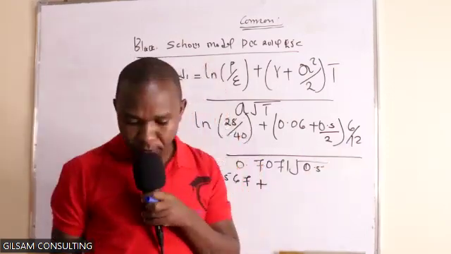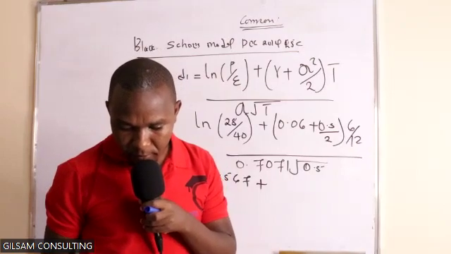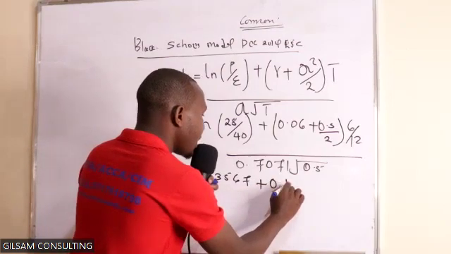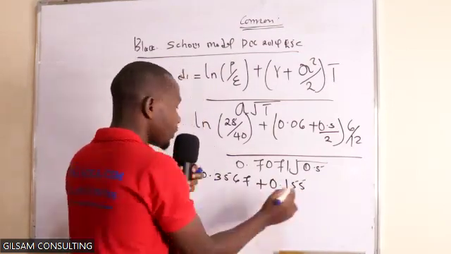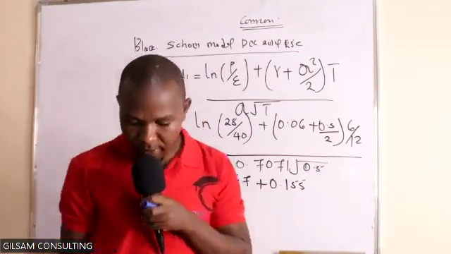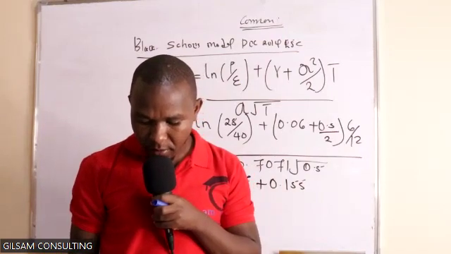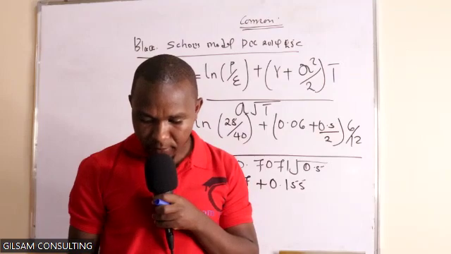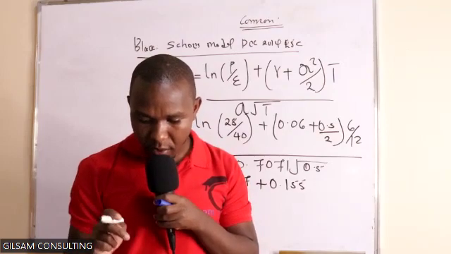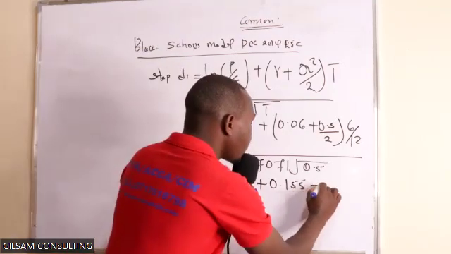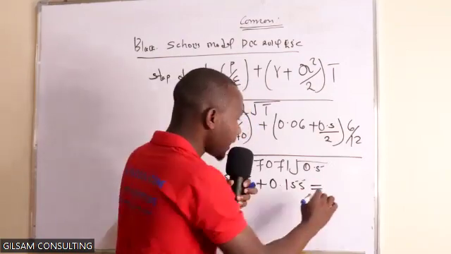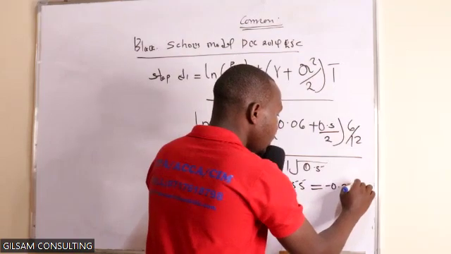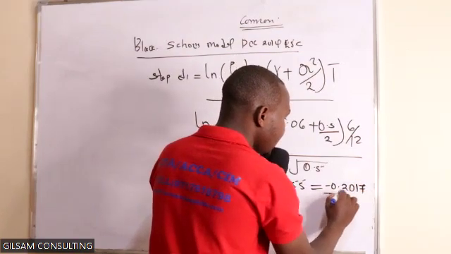Time is 0.5, which gives 0.155. So add the two, negative 0.3567 plus 0.155. The total for the top is negative 0.20717.